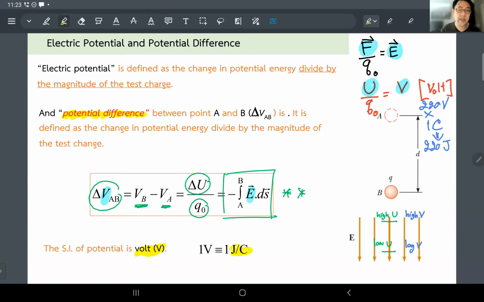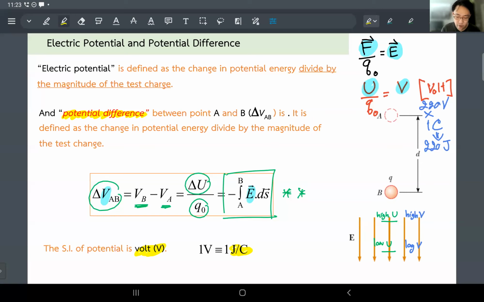It's much easier to use and easier to talk about. You just call it potential difference instead of potential energy difference, which is not very common to use. But you can always use the potential difference and calculate back what the potential energy difference should be. We'll have some exercises for you to try how to calculate those.